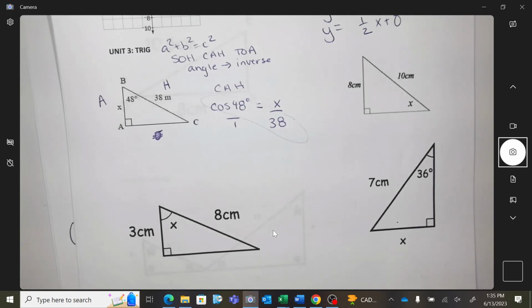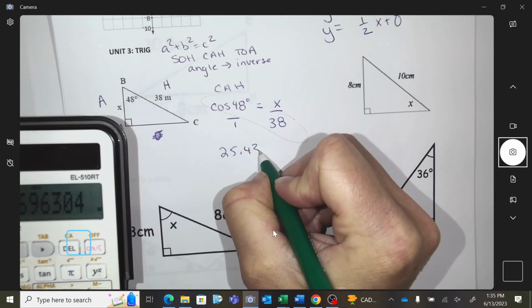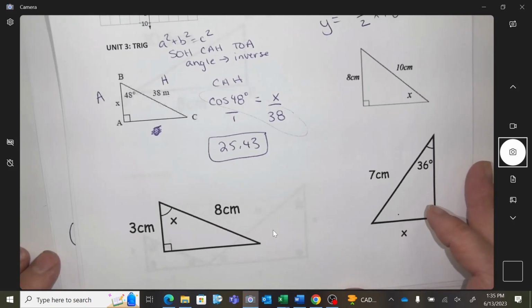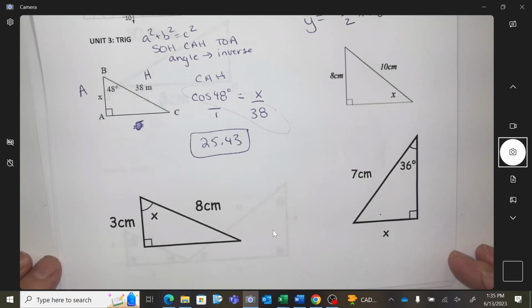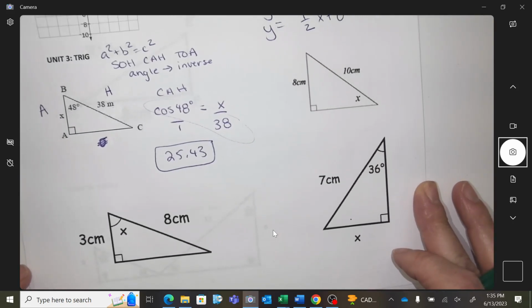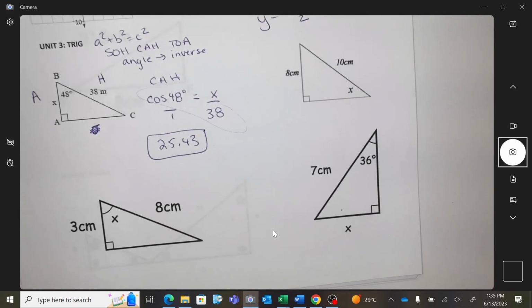It's in degrees before I start anything. Okay, are we matching on your calculations? 25.43.